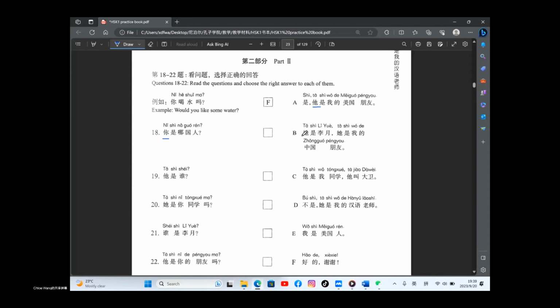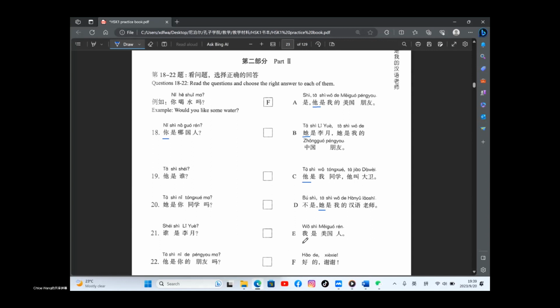B's subject is 她, she. C's subject is 他, he. And D's subject is 她, she. So these four are not appropriate.